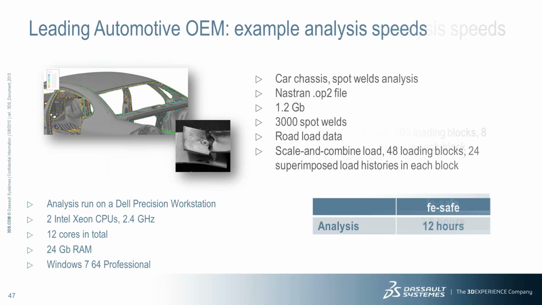And this example analysis is from a leading automotive OEM, and it's a full car body analysis of 27,000 spot welds using the new simplified spot weld method in Verity and FE-Safe. And again, a complex load duty cycle from the proving ground. FE-Safe completed this analysis in just 12 hours.